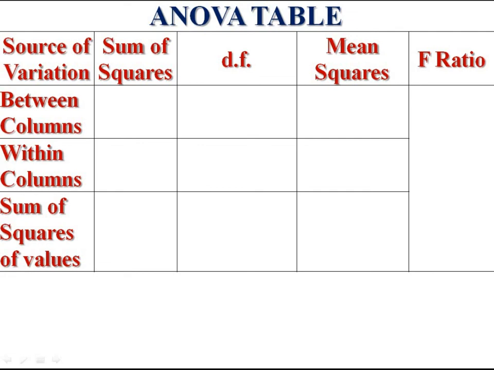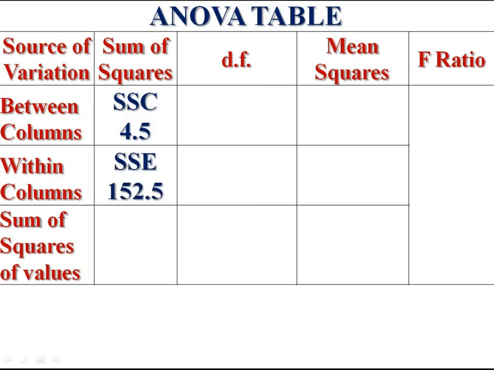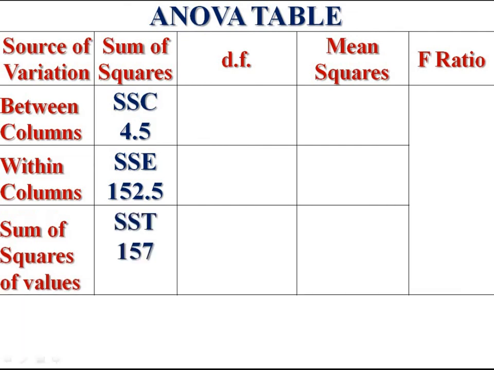First, source of variation between columns: SSC 4.5. Then within columns, SSE 152.5. Then total sum of squares SST 157.